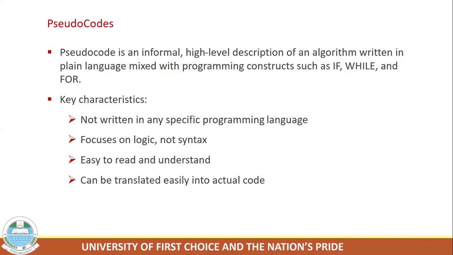Okay, so it's informal. It's more like you writing your programming steps or your logical flow in a high-level way, in your own way. So what we do is we mix them with programming constructs such as if, while, and for. So what are the characteristics of a pseudocode?